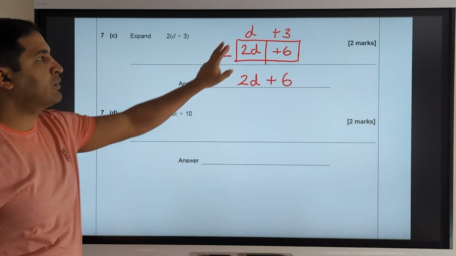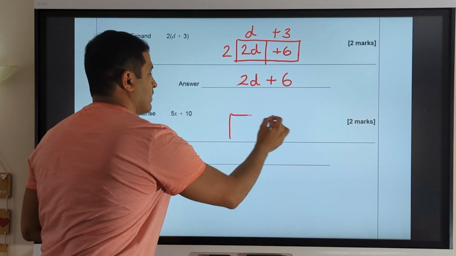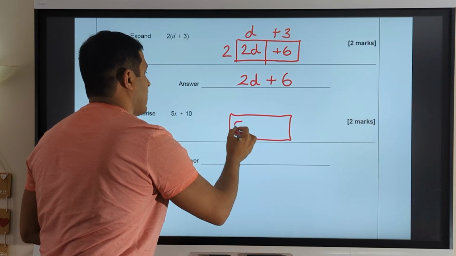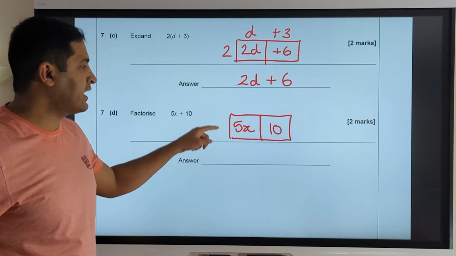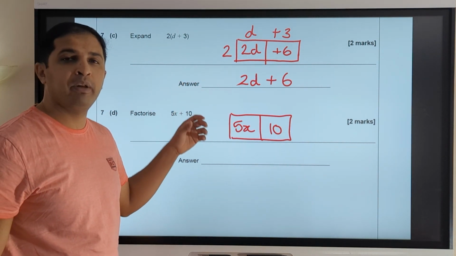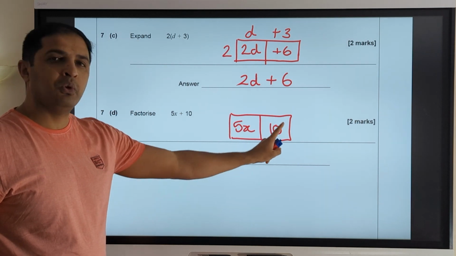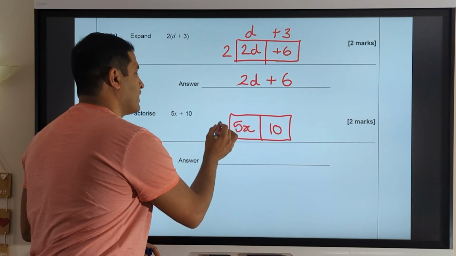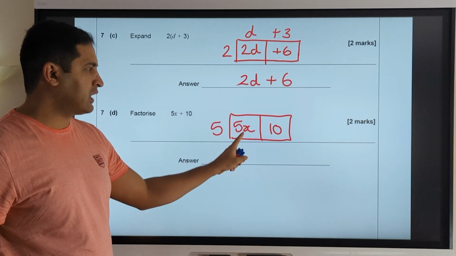Factorize, which is the opposite of what we just did. We know the area and we want to work out the height and the width, where you want the height to be as big as possible. So what's the biggest common factor of these two areas, which is 5? So you can take the 5 out here. Now you're going to work out 5 times what gives you 5x.